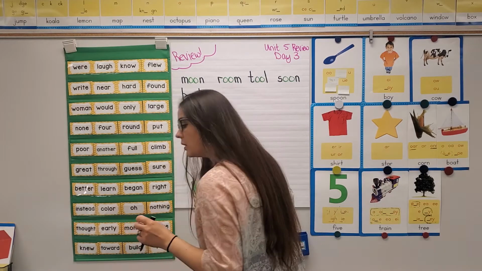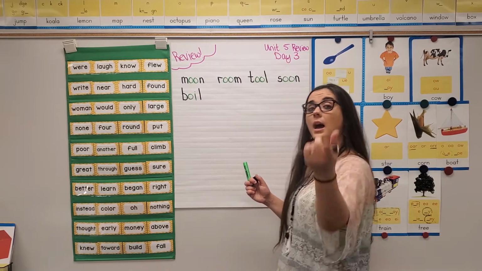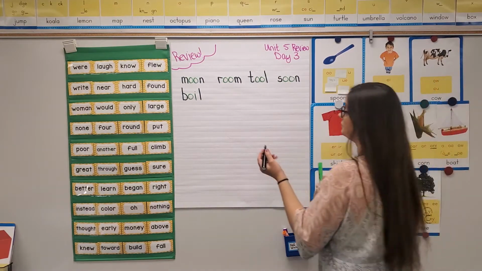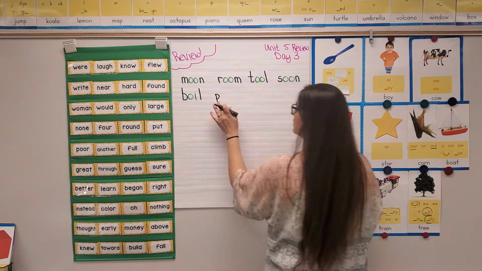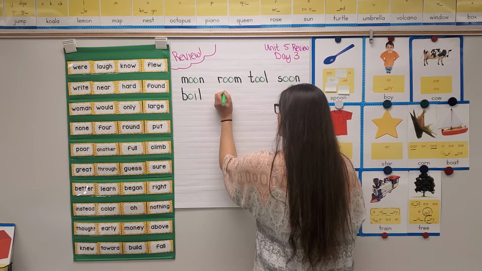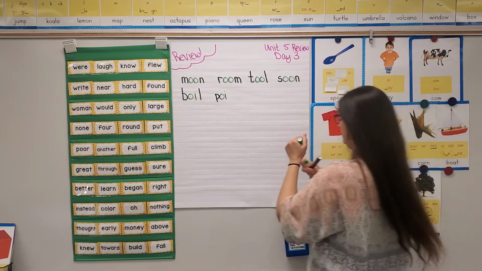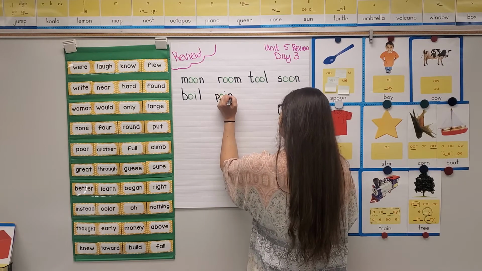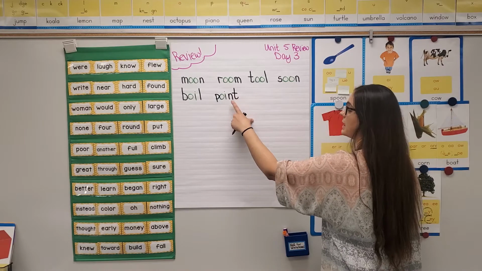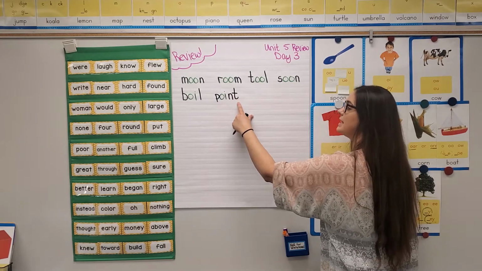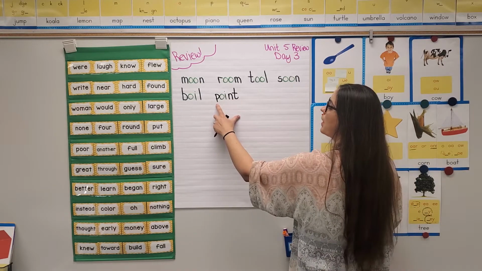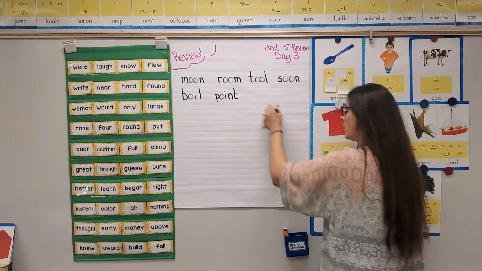Okay, next word, point. Your turn. Oi, point. P says p. O-I, oi. And N says n, T says t. Oi, point.